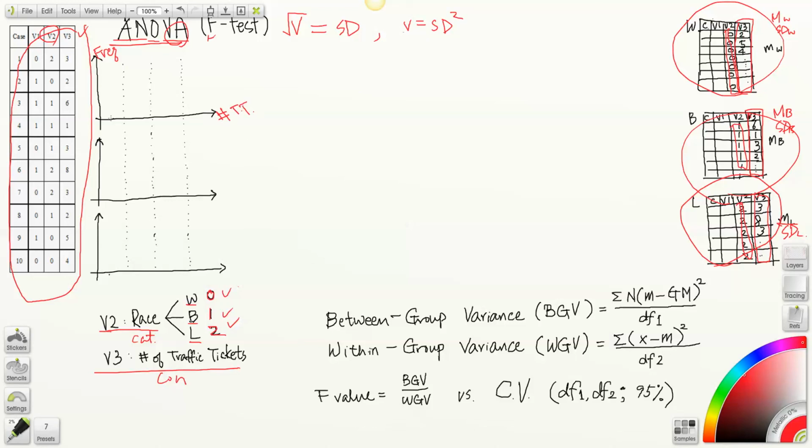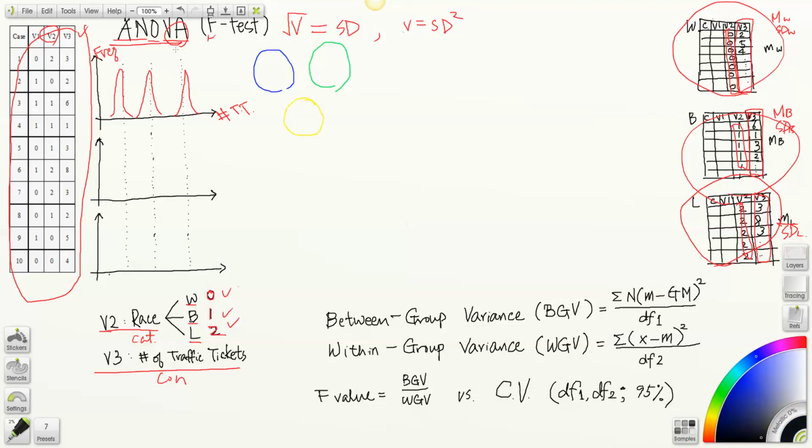Now let's talk about the first scenario. This is the distribution of white, black, and Latino. And remember the last session where I introduced these diagrams from a different angle. So I'm going to try that here. So let's use different colors for each subsample. This is the white subsample, black subsample, and Latino subsample.